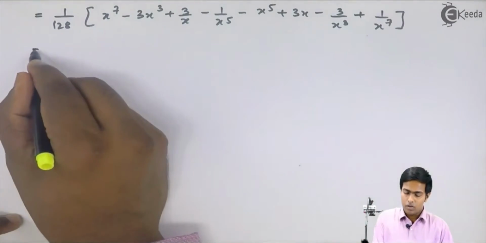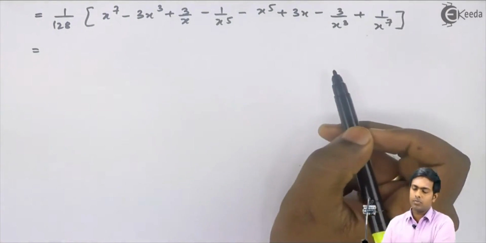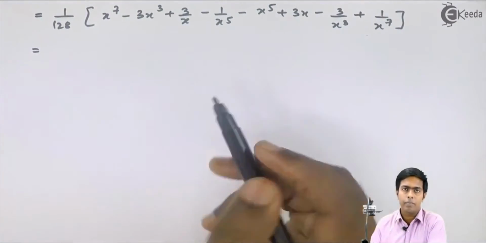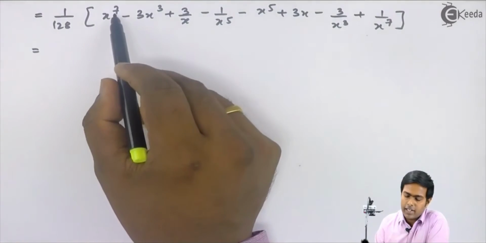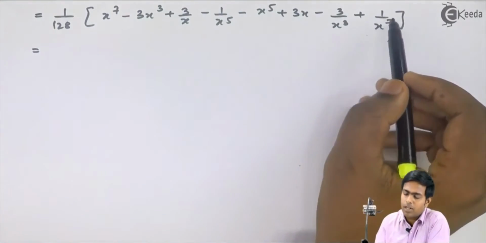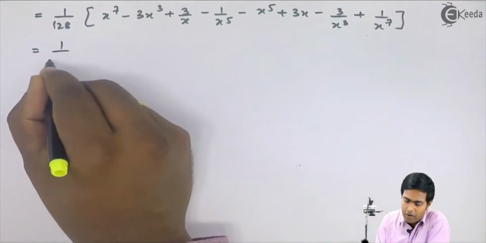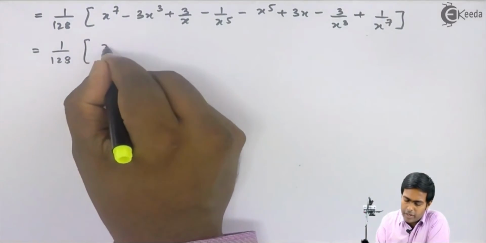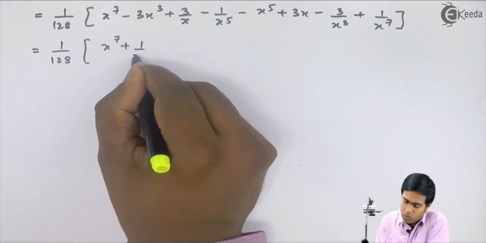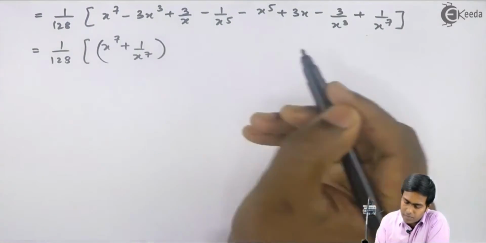So after this we will take the terms with same power together. So x raised to 7 and this term 1 upon x to 7 have the same power, that is 7. So we will take it together and we will get 1 upon 128 x raised to 7 plus 1 upon x raised to 7 together.